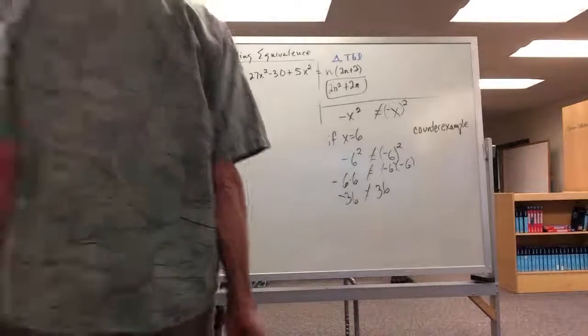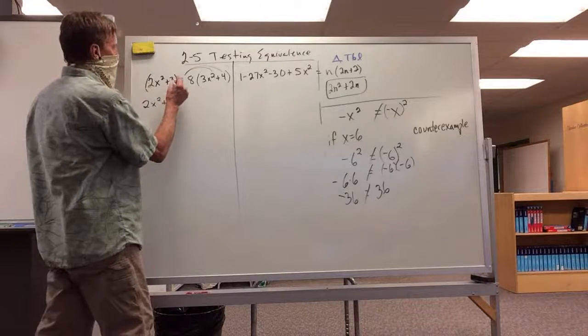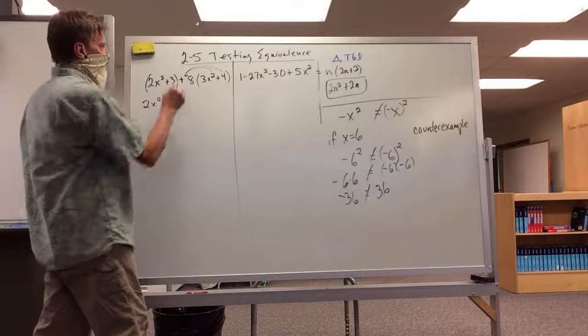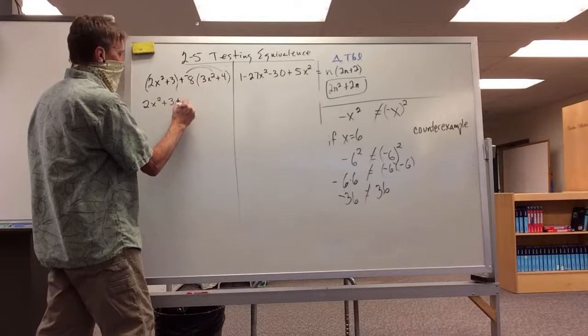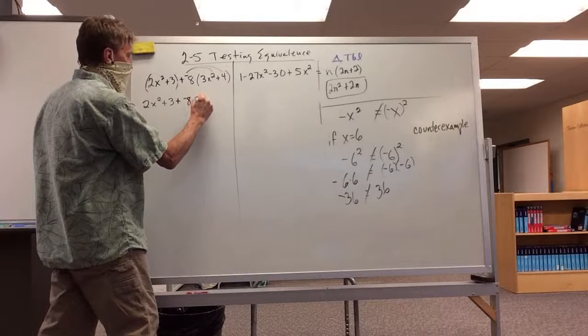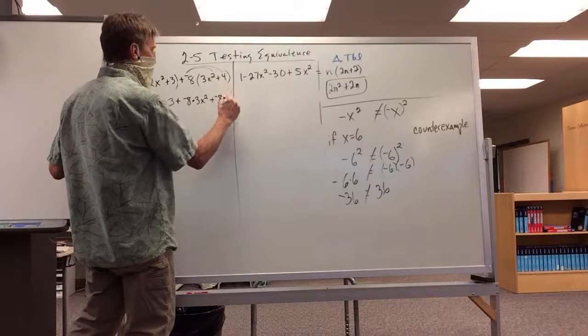So, okay. Here's where I'm seeing you guys starting to struggle a little. So I would change this to the addition of a -8. Now it's the -8 that gets distributed. So I'm seeing a bunch of you writing this, -8 multiplied by 3x squared plus -8 times 4.